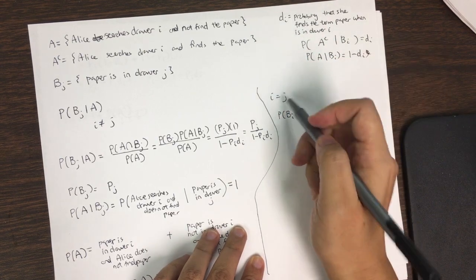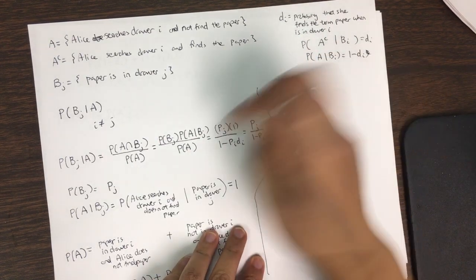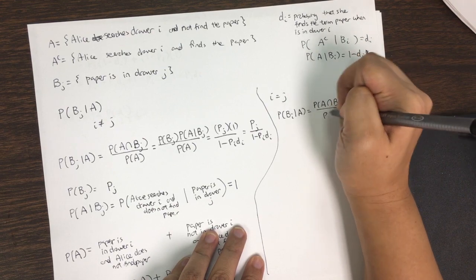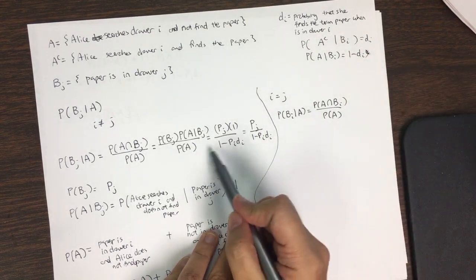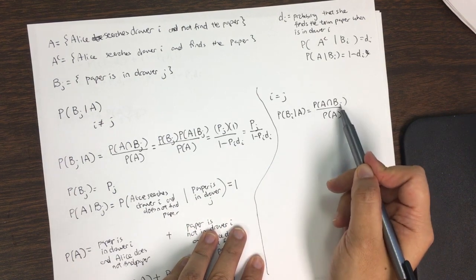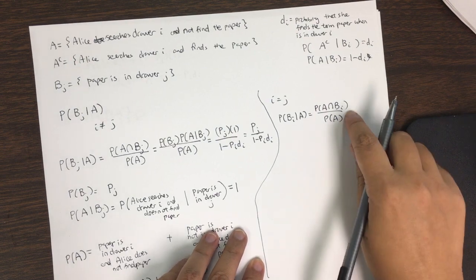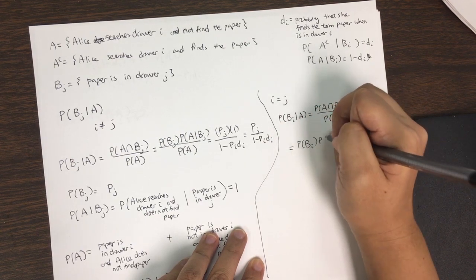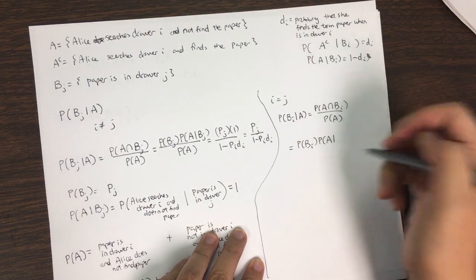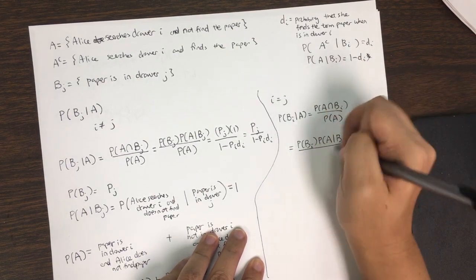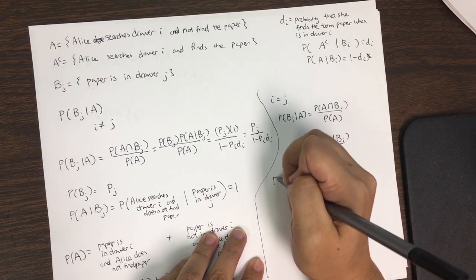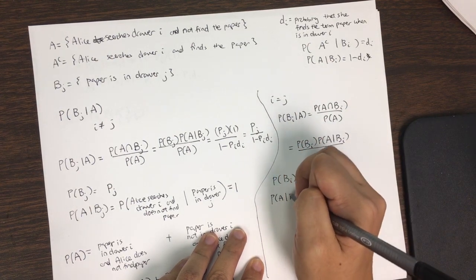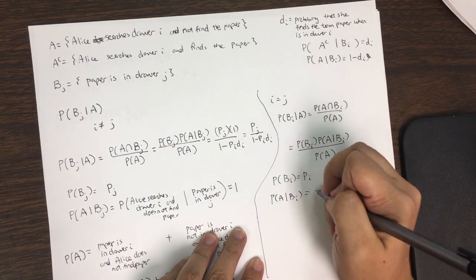Instead of J, it's equal to I, so we have BI given A. Similarly, on the top we have the probability of A intersect BI, over the probability of A. The denominator does not change; it's still 1 minus PI DI, because the only thing that changed is that J is now equal to I. So the numerator is the probability of BI times the probability of A given BI. The probability of BI is equal to PI, and the probability of A given BI is 1 minus DI.